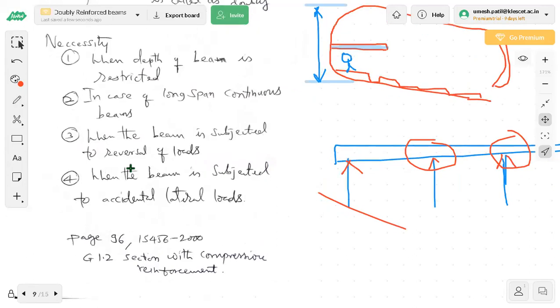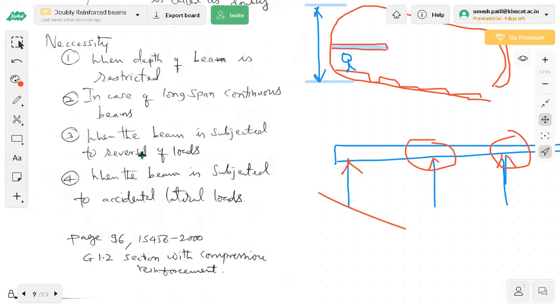See, underground water tank, what happens? If the water is not there, earth pressure acts on the water tank from outside. If the surrounding soil is not there and the water tank is filled with water, the pressure is on the wall from the inside. That means imagine two situations.